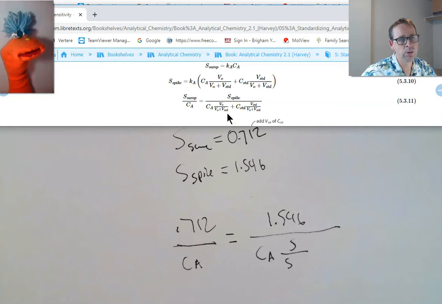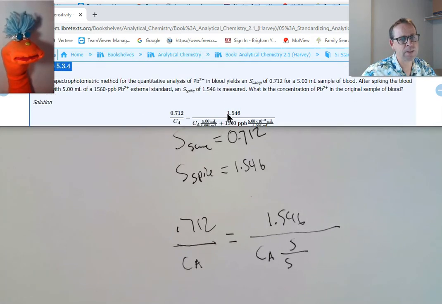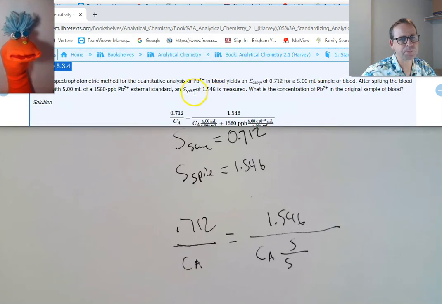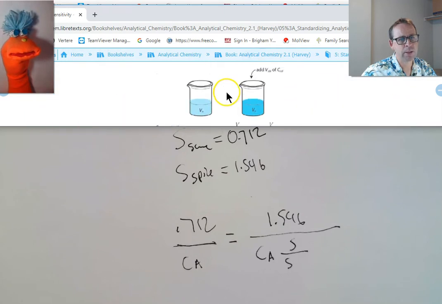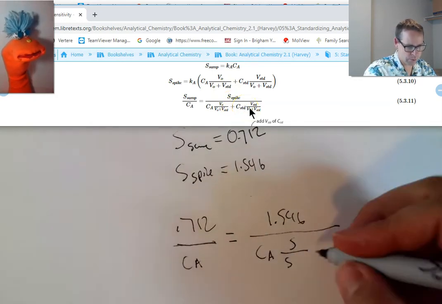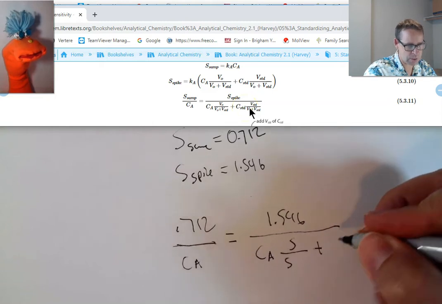Did we add any standard to this one here? No, in this one here, we didn't add standard. We're just adding the standard to the spike. So we can just leave it 5 over 5 there. And then plus the concentration of the standard.